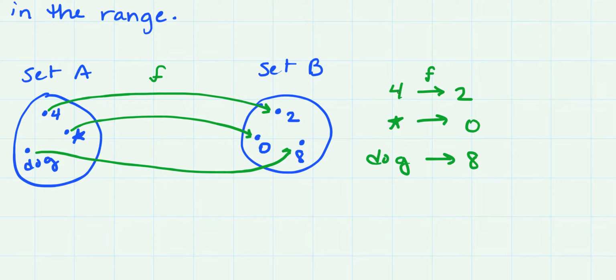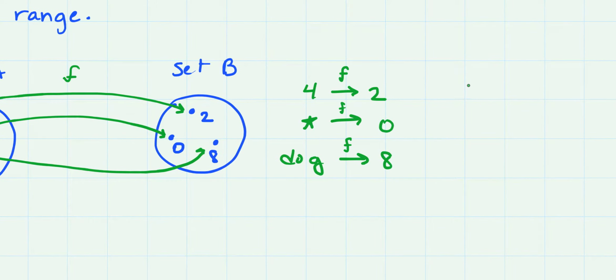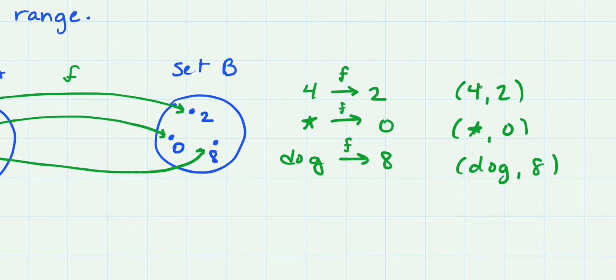Another way we represent functions is by ordered pairs. You see how we have 4 goes to 2? You could also write it like this: (4, 2), (star, 0), and (dog, 8). So this ordered pair representation is saying that 4 is going to 2, star is mapped to 0 by the function f, and dog is mapped to 8.